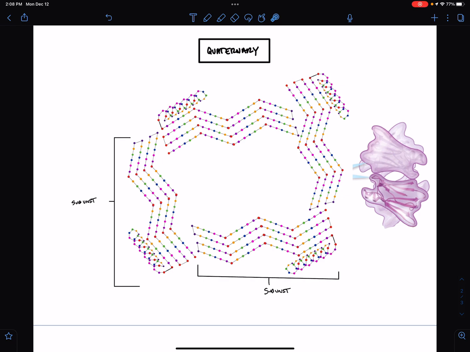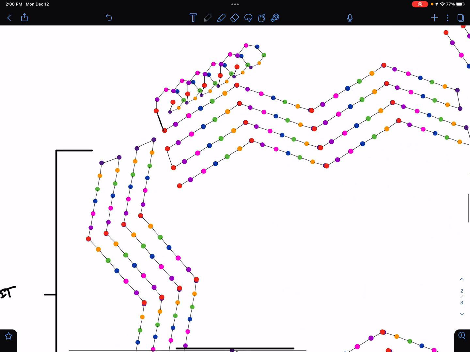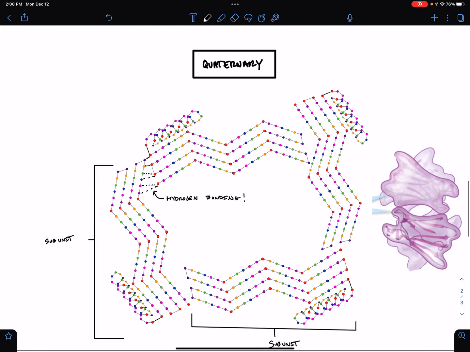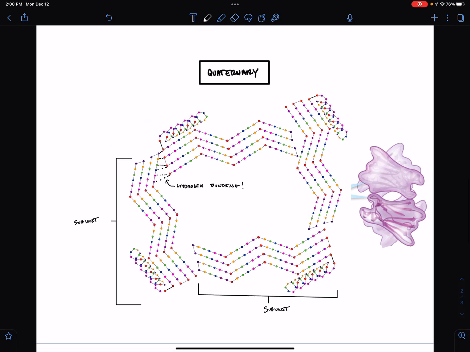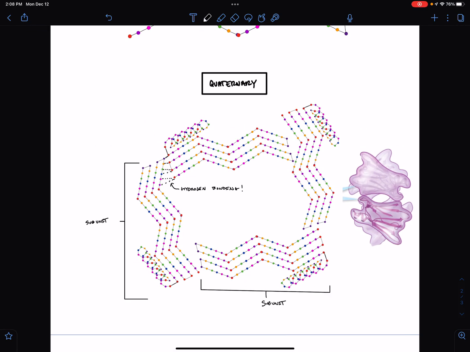So just like tertiary structure, the quaternary structure is often held together by hydrogen bonding between the subunits. Okay, so that is quaternary structure.